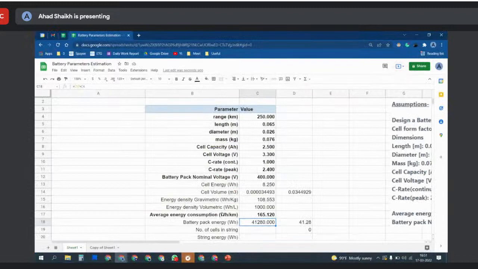It's 400 volts. And we have the total energy capacity of the battery pack. So we have two things here, and we can find out the current. It will be total energy divided by the voltage rating of the battery. That's the simple thing.